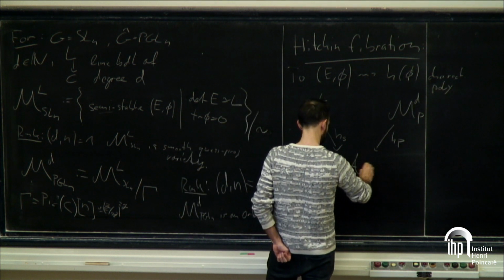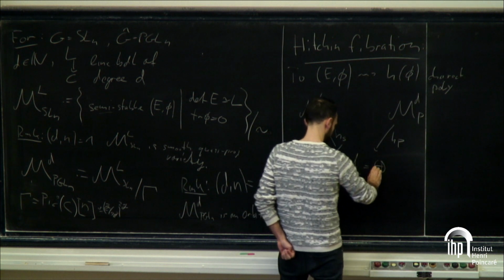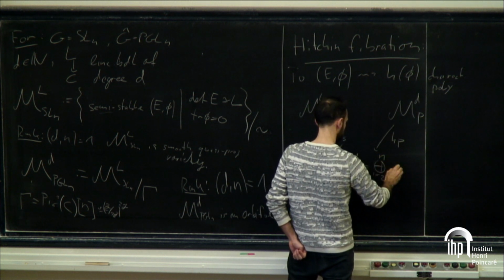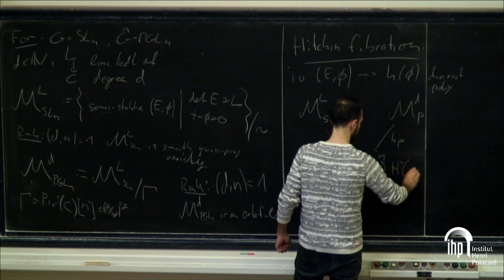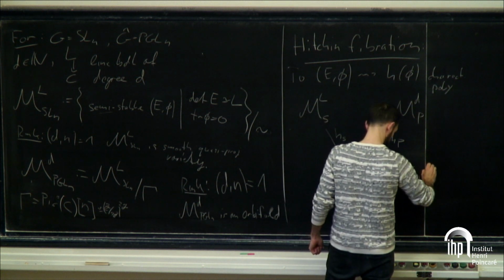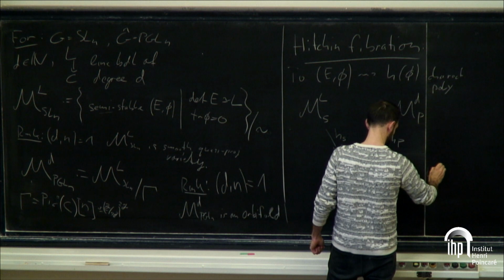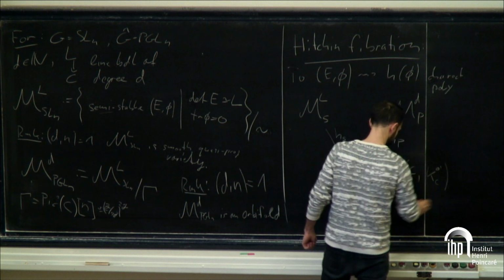I denote the base by A, and it's actually the direct sum, i from 2 to n, of global sections over the curve of the canonical bundle tensor L^i.